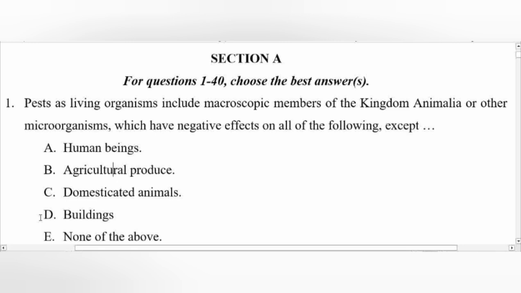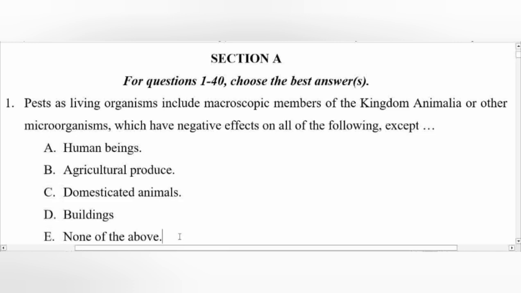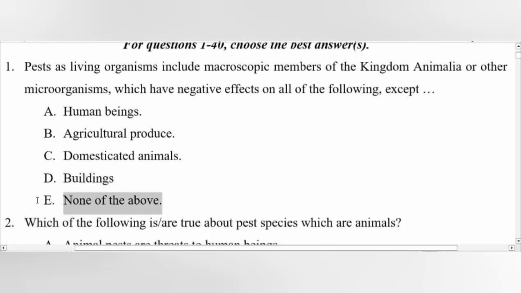Yes, pests like the termites may destroy burdens that we construct with wooden materials. And so it means that we won't have an exception among the options A to D. And so our best answer here should be none of the above. None of the above.